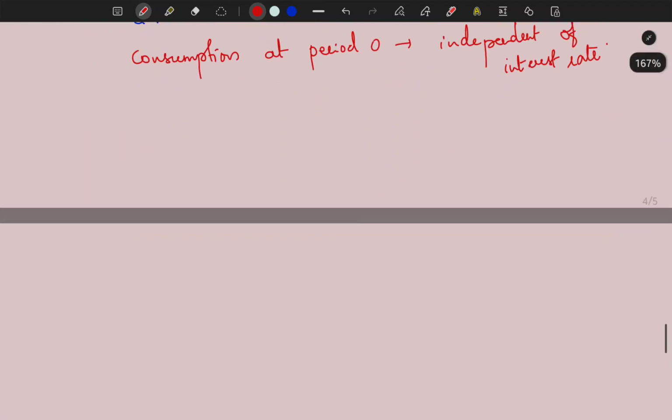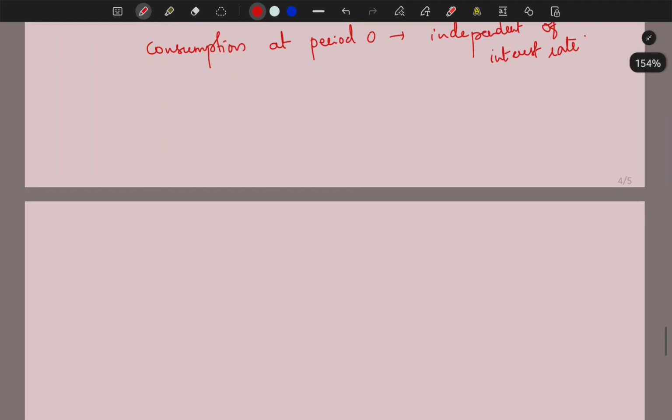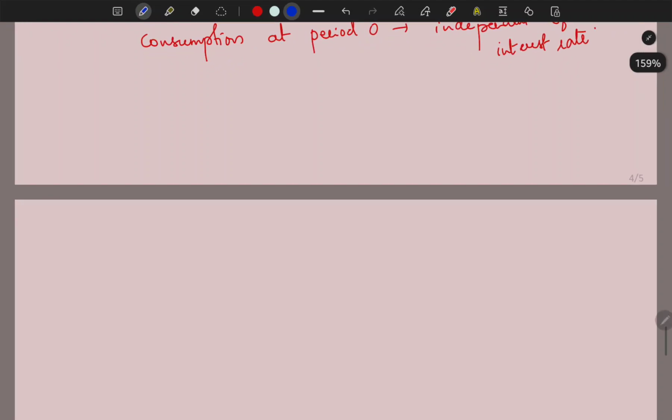Now the next question: what is the relation between R and W if C0 star equals C1 star?